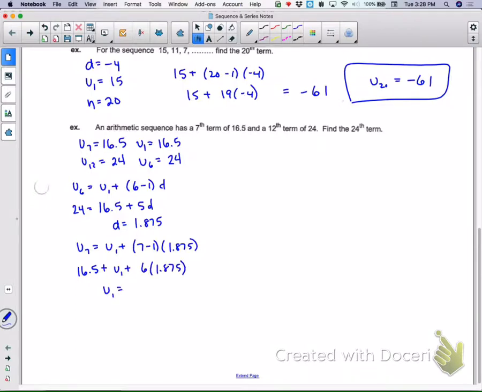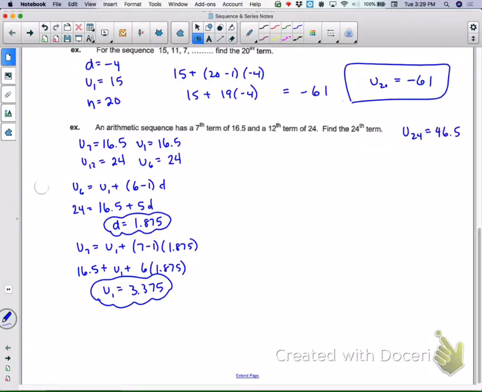And we end up with our first term is 3.375. So now once I know my d and once I know my first term, I can figure out the 24th term pretty easily. Now, u sub 24 turns out to be 46.5.